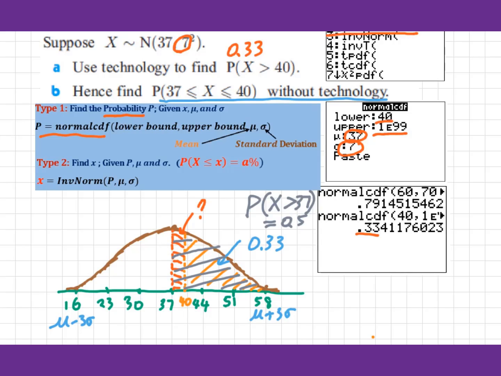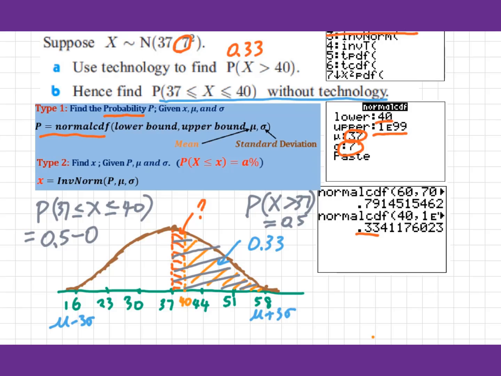Therefore, the probability of X between 37 and 40 equals 0.5 minus the probability X greater than 40.